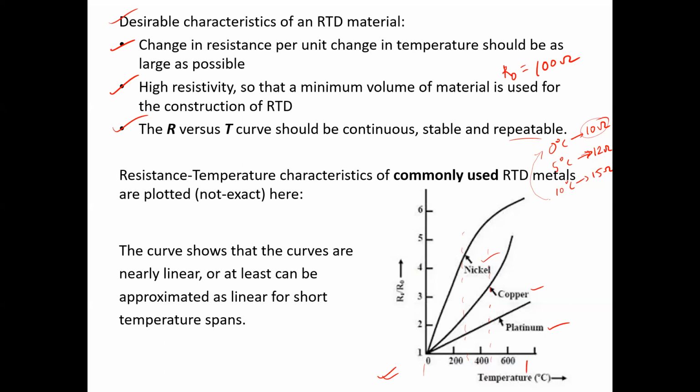This is one disadvantage of copper and nickel with respect to platinum, but they also have some advantages over platinum. That is, you can see that the temperature coefficient of copper is higher with respect to platinum, because for a small rise in temperature, the fractional rise in resistance is higher in copper, which means that the temperature coefficient is higher, and for nickel it is even higher.